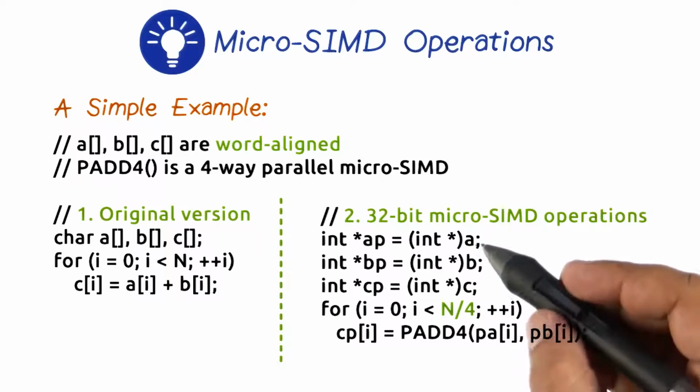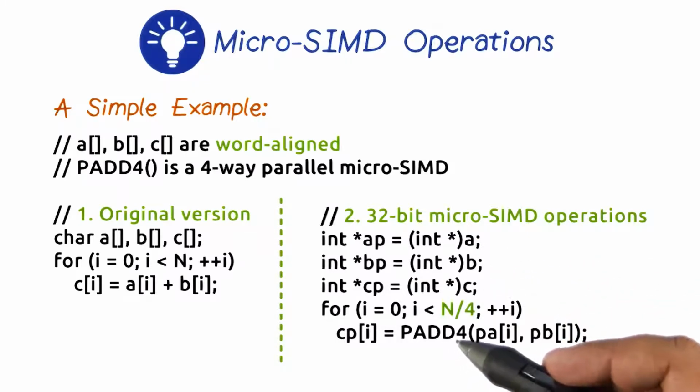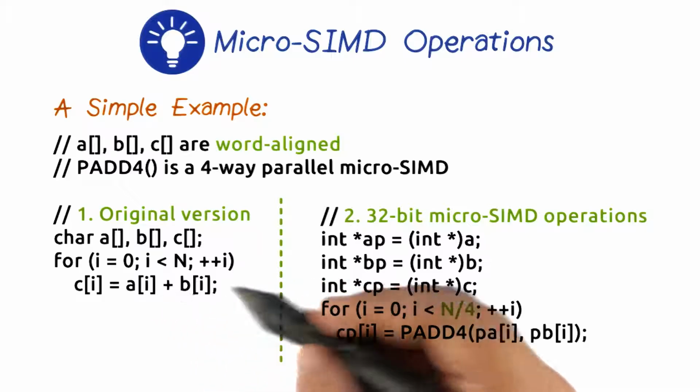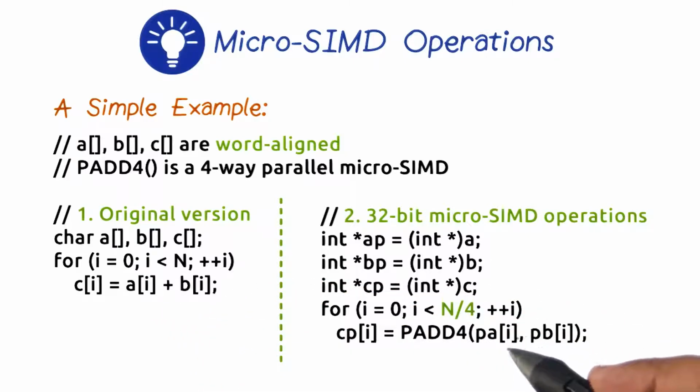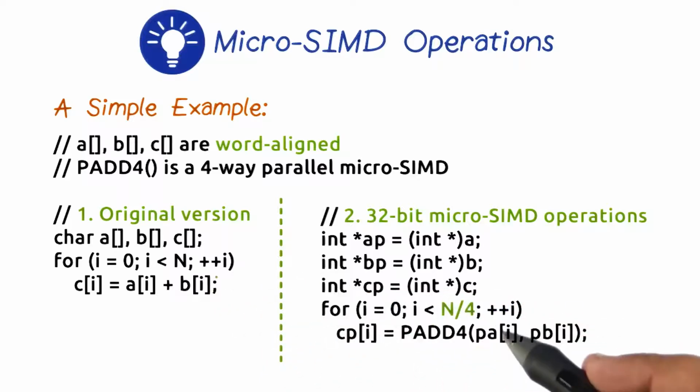We maintain the original pointers to those arrays, and then we use an instruction which is a special instruction for micro SIMD, which is called P1L4. What it does is, it goes to those original words, picks those up, breaks them down into subwords, and adds 4 of them together. Instead of adding 2 of them as in the original program, we are going to do 4 additions over here.